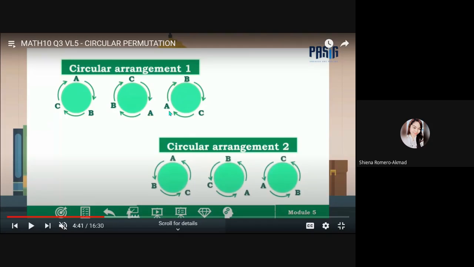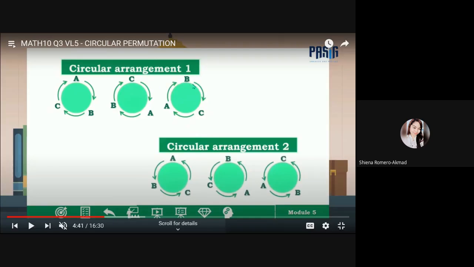Now, ngayon, si C, sabi niya, parang mas gusto ko dyan sa pwesto mo. So, nagpalit sila ulit. Okay? Pero, as you can see, kung sino yung mga nasa kaliwa nila kanina, yun pa rin.